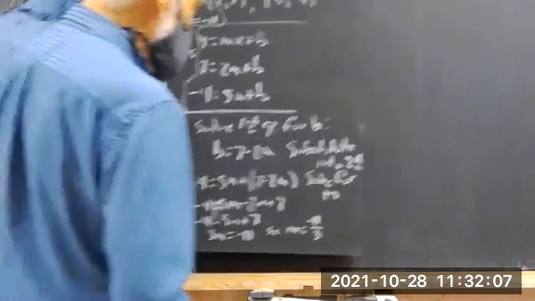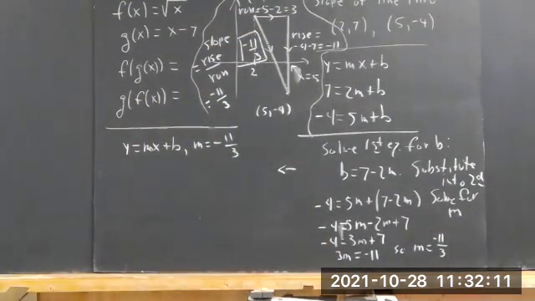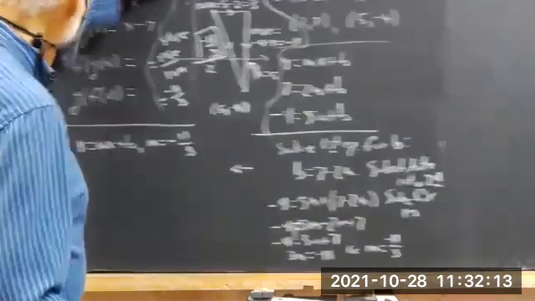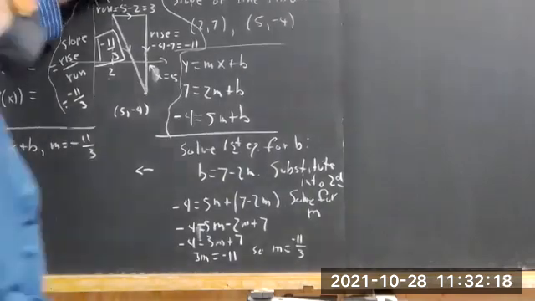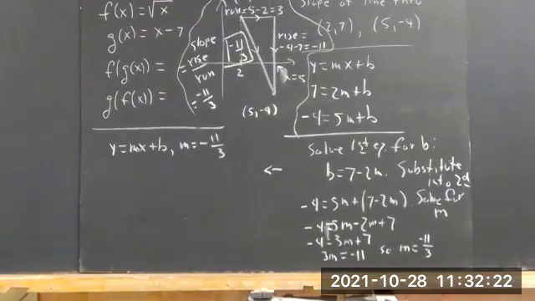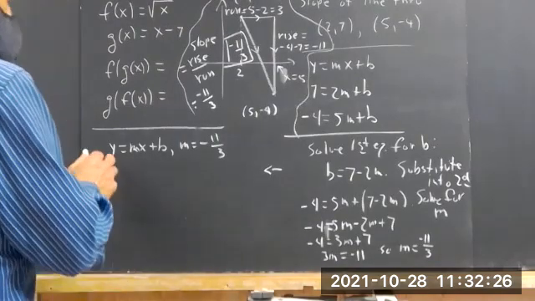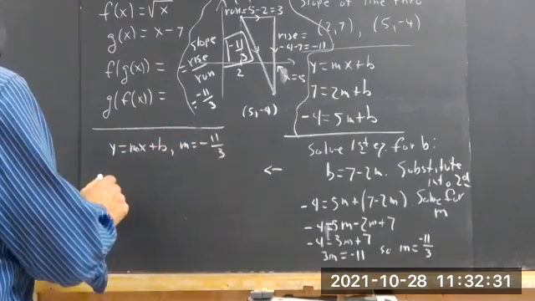And now, of course, you can't see anything because of the way the camera focuses. Okay, there we go. I want people looking at the video to be able to see it too. Okay, y equals mx plus b, m equals negative 11/3.